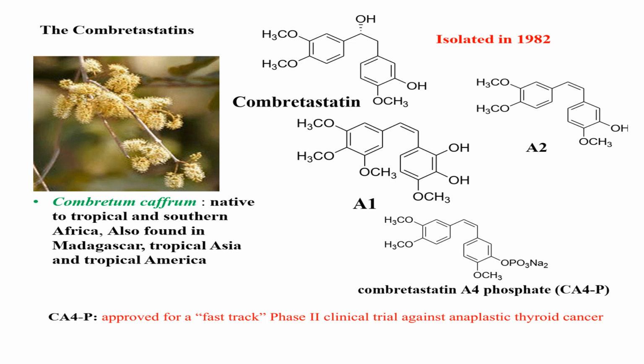That's why you can label them A1, A2 like this. Combretastatin A4P was approved for fast track phase 2 clinical trial against anaplastic thyroid cancer. So have a look how natural product is a miracle source of secondary metabolites which can be used for cancer disease.